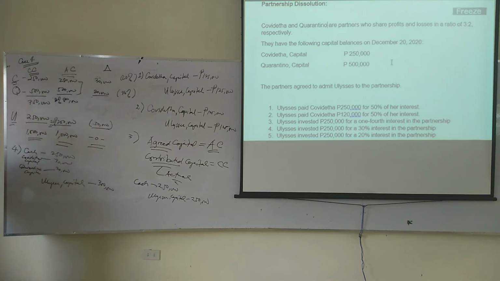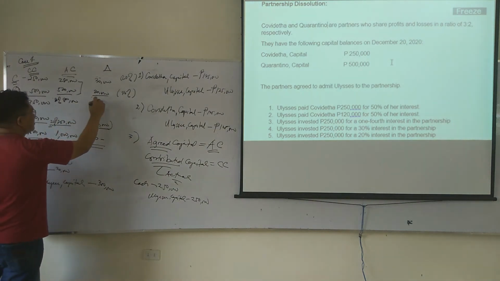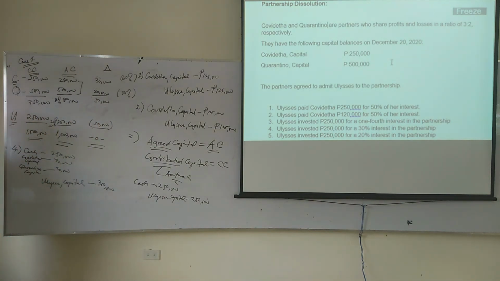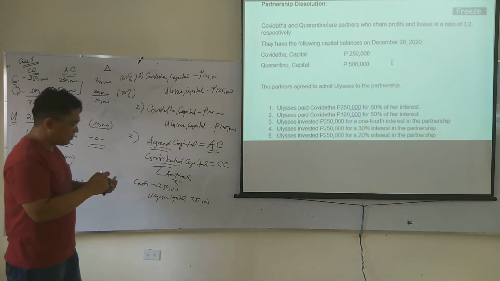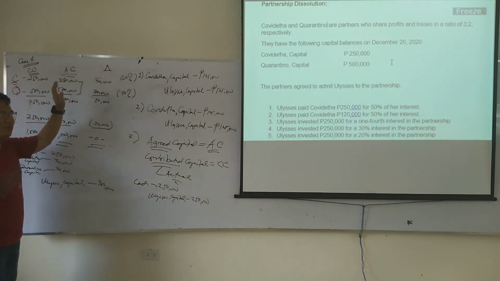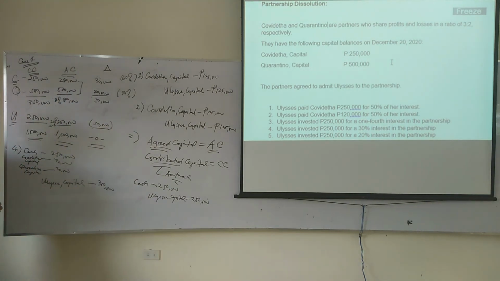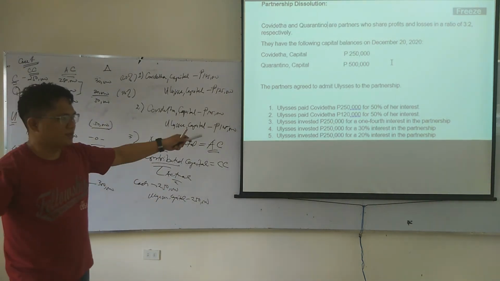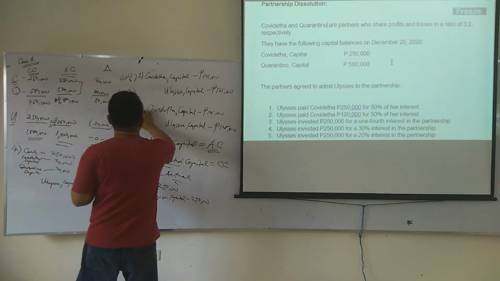So it balances. Case 5 is a case where the old partners receive a bonus from the incoming partner.